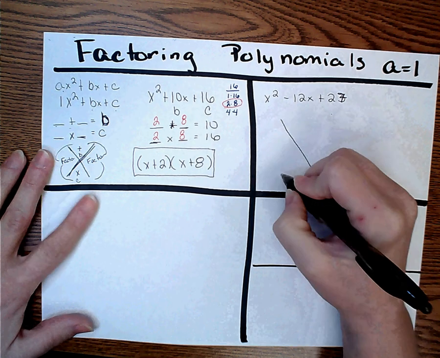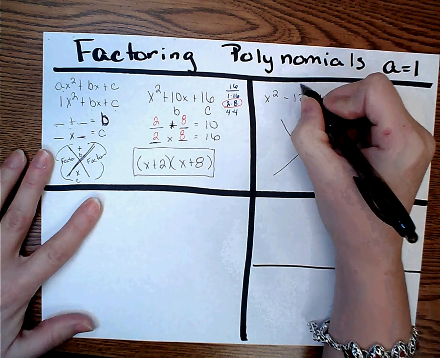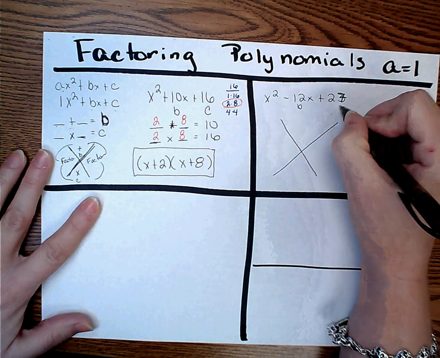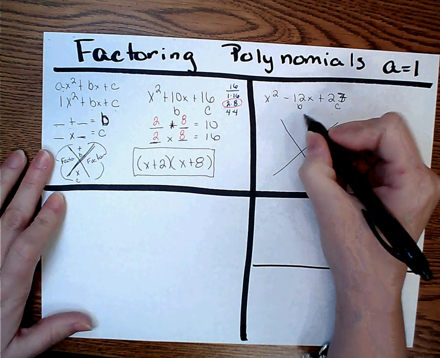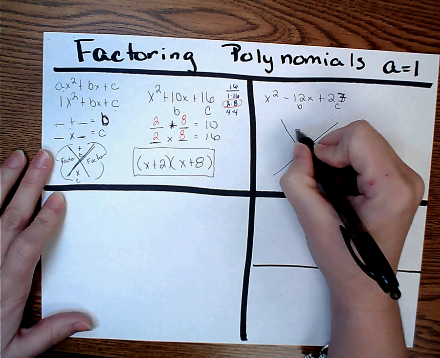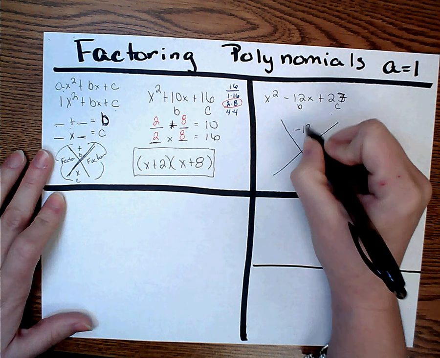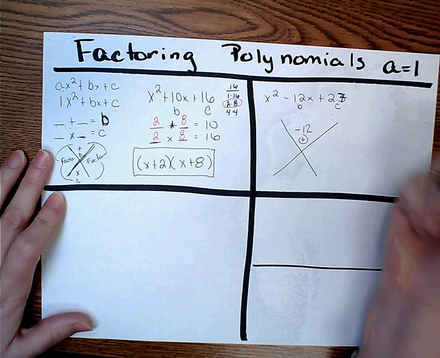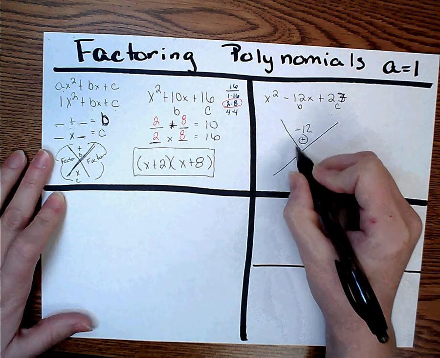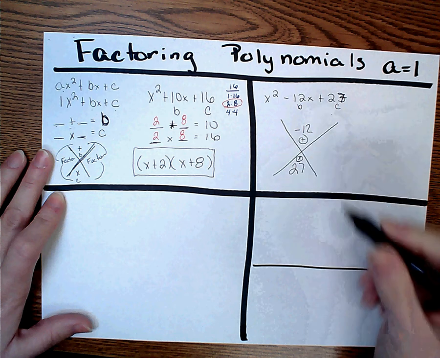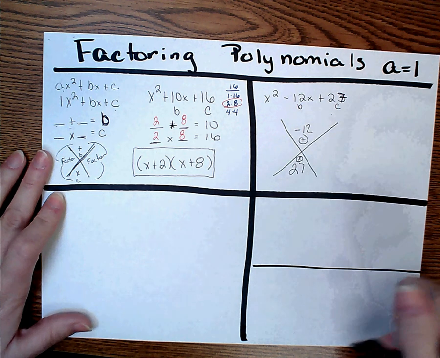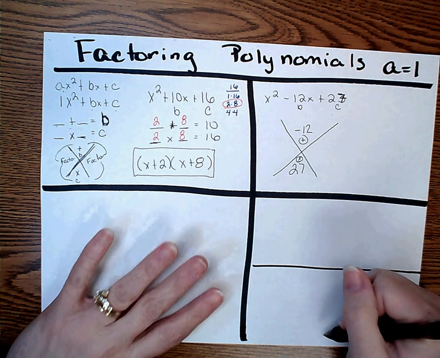I'm going to draw a big X. Again, negative 12 is my b value, 27 is my c value. So I want factors that are going to give me negative 12. That means they have to add up to negative 12 and multiply to give me 27. So I put the plus and the x there so that I know what sign I have to do.